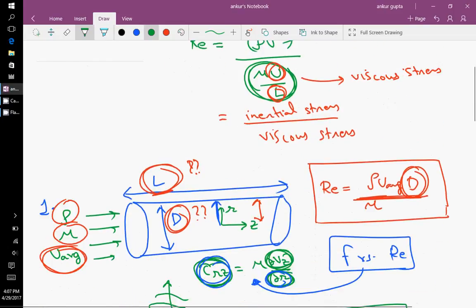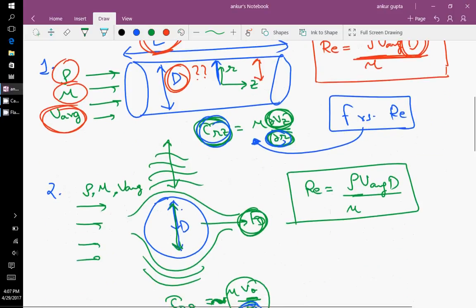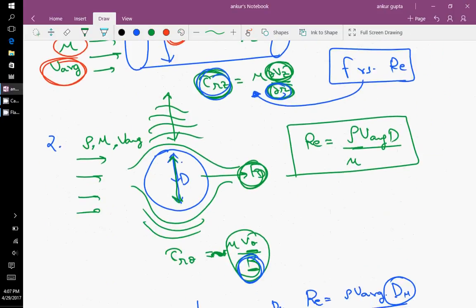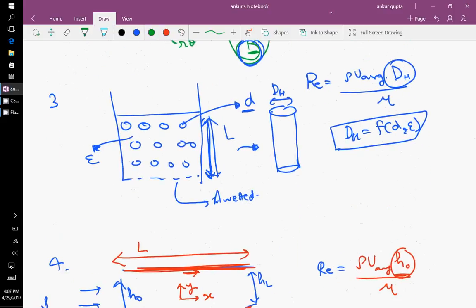And in the case of pipe, it was the radius, because that is where the viscous stresses basically change in that direction. Similarly, in the case of flow around a sphere, and the case of packed bed was just similar to a pipe.